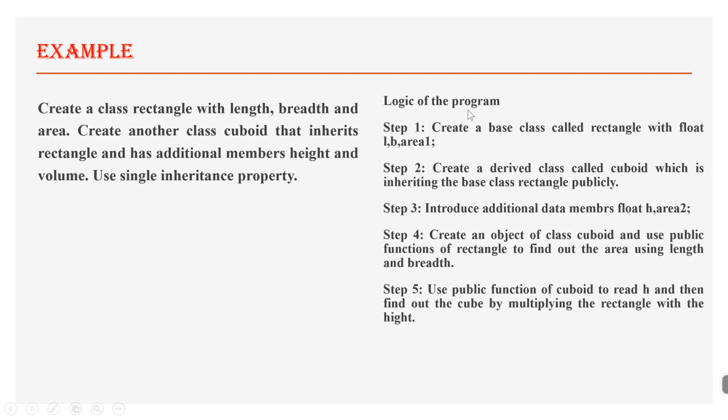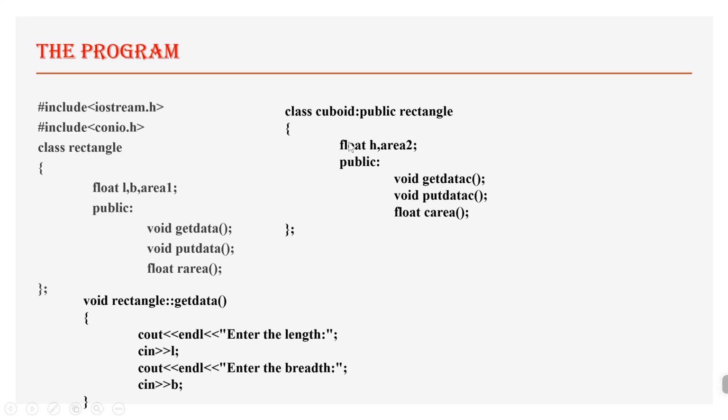Similarly, what is the next one? Step 2, create a derived class called cuboid, which is inheriting the base class rectangle publicly. That means I am supposed to define a class called cuboid, which is inheriting the class rectangle publicly.